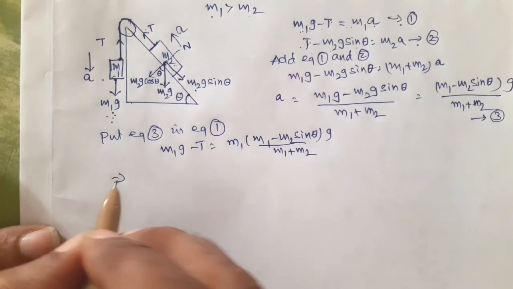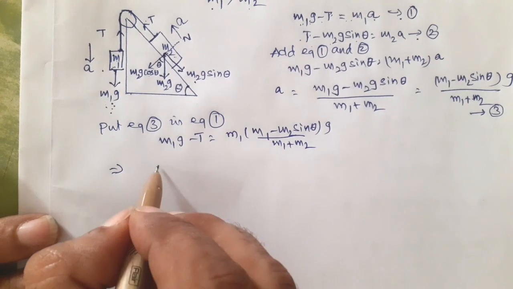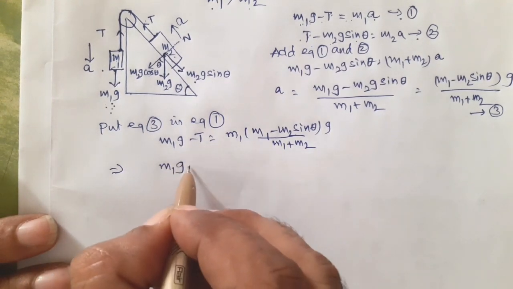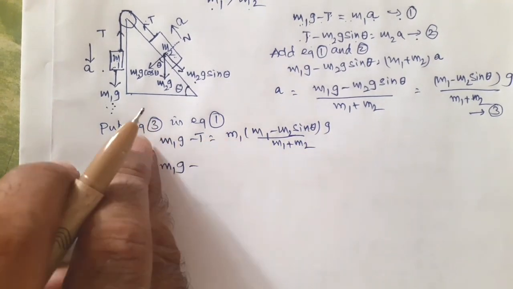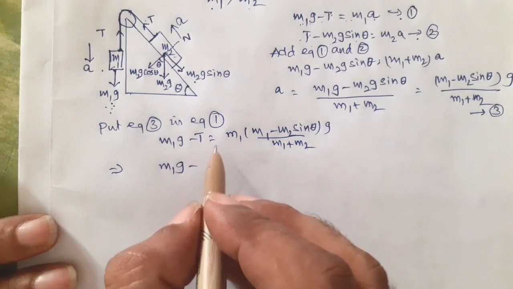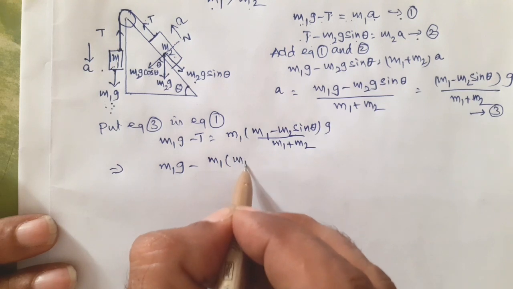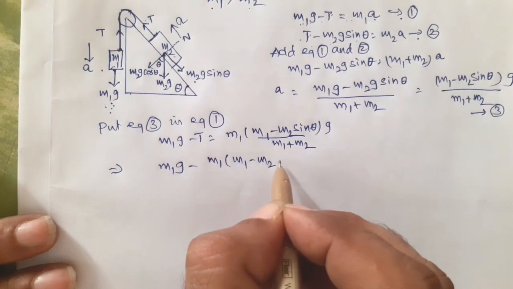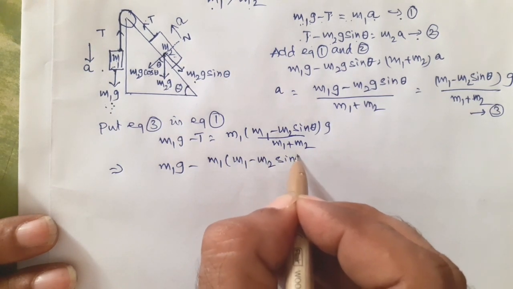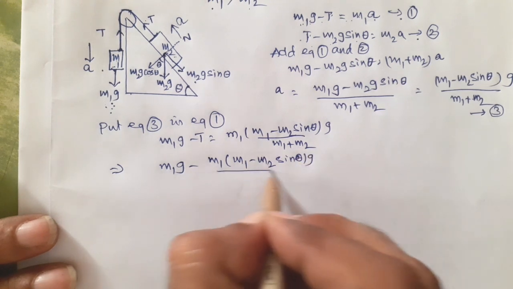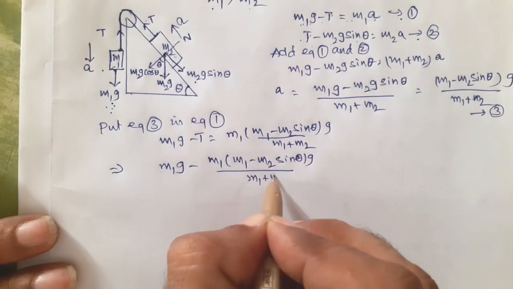Now you can write this as m1g, moving this part onto this side, m1g minus m1 into m1 minus m2 sin theta into g by m1 plus m2.